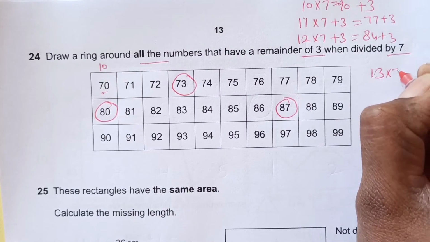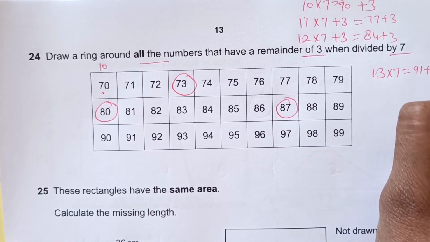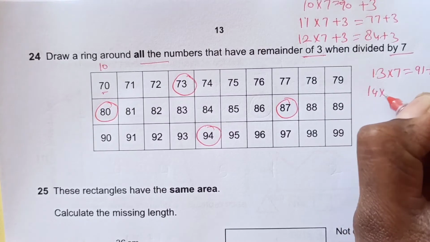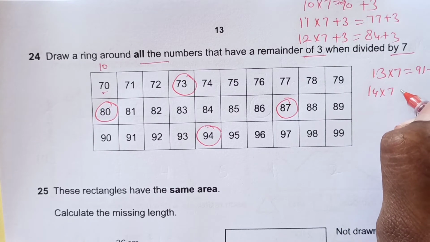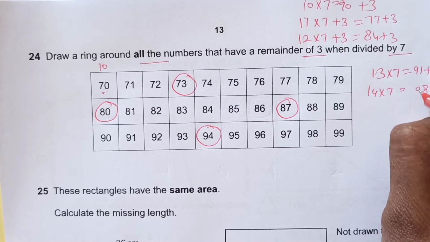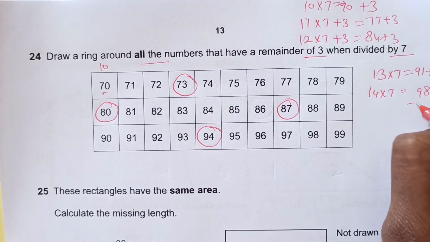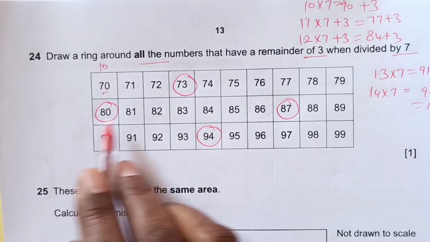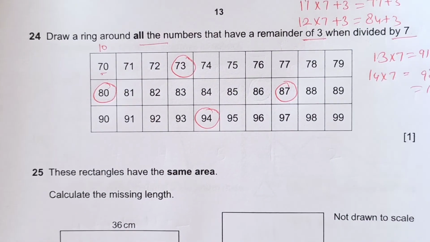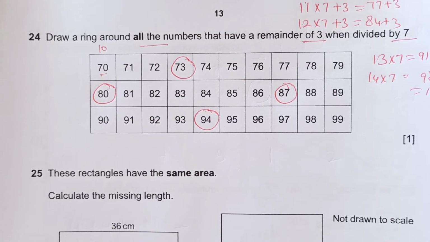Then 13 times 7 is 91, plus 3 that should be 94. And then 14 times 7 is 98, plus 3 is going to be 101, which is not here. So we have these numbers that will give you remainder 3 when you divide by 7, right?